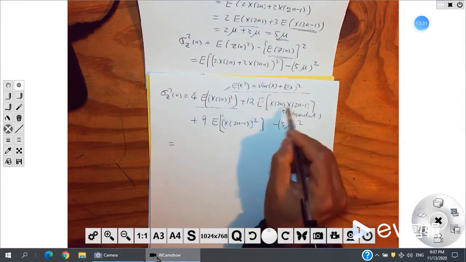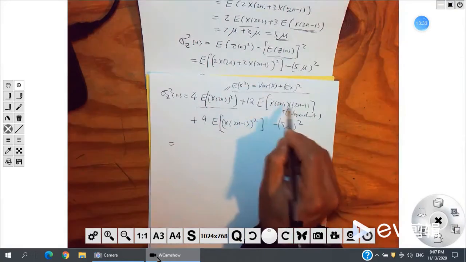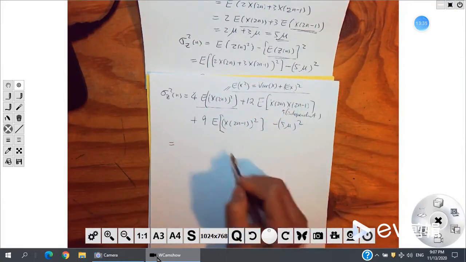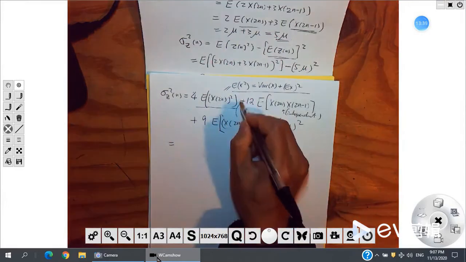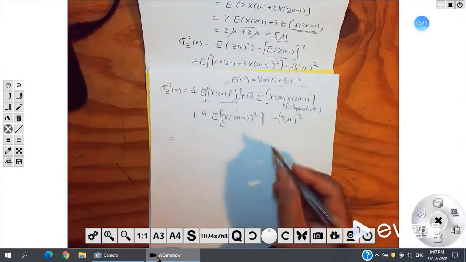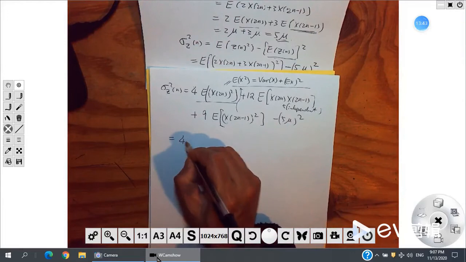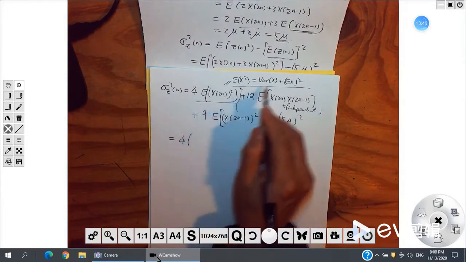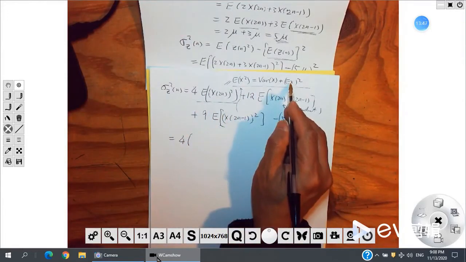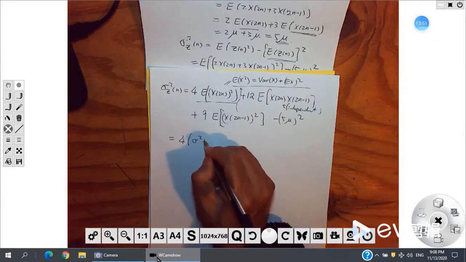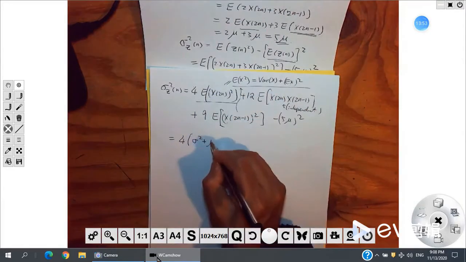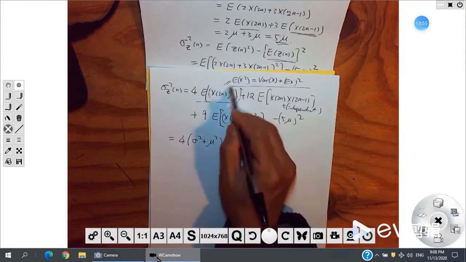The summation of the E of each. Okay. And this one is also x squared, right? So still that one. Okay, now we can have this one: 4 of, the variance minus the square of E. So the variance will be sigma squared, and that one will be mu squared. This is E of x squared.